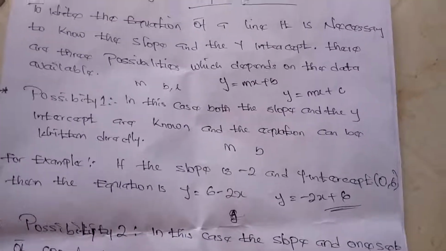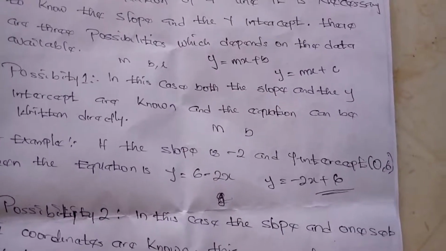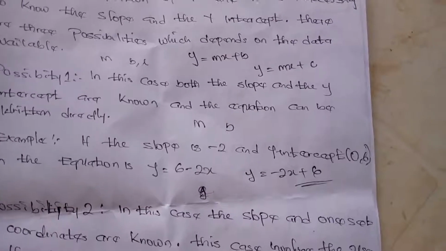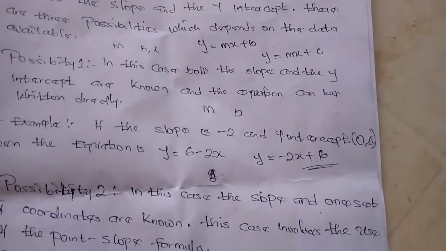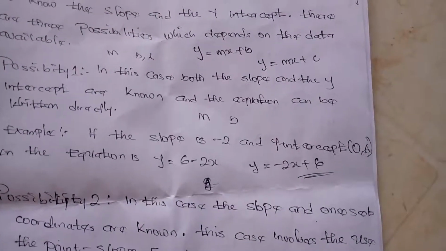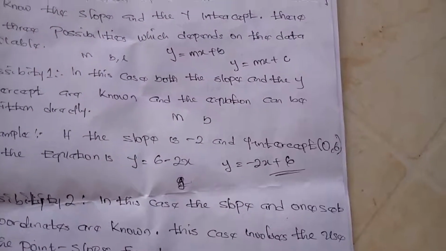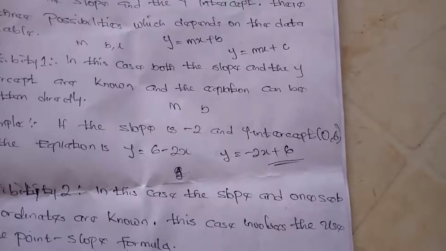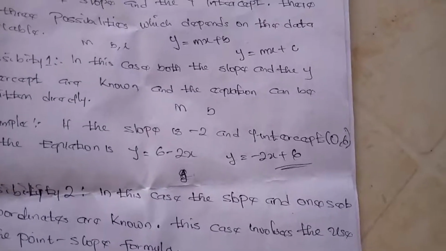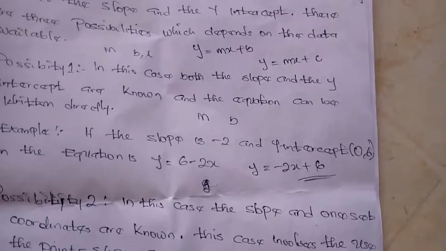Possibility one. In this case, both the slope and the y-intercept are known, and the equation can be written directly. It is the case where both b and m are known, so we can just write the equation directly.